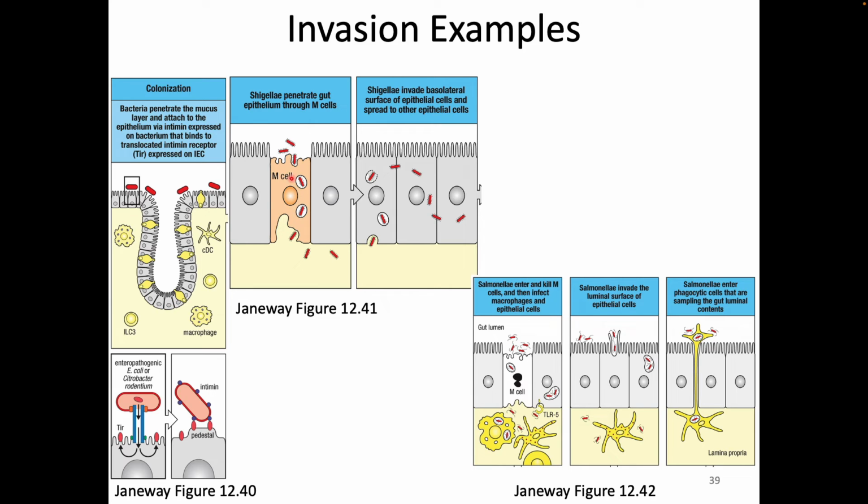Here you can see some Shigella that actually force their way into different types of cells. Here you can see other microbes, Salmonella, forcing its way and trying to invade other types of cells.